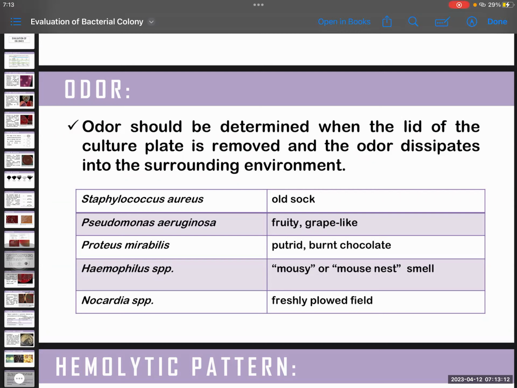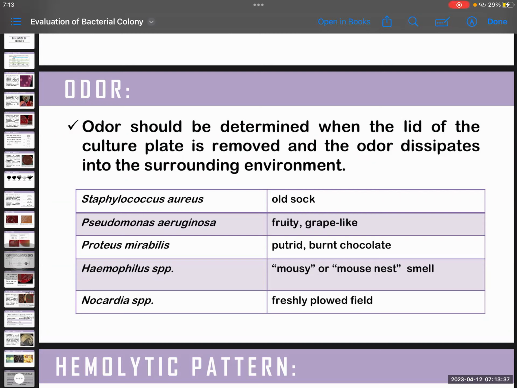But apparently, as per our microbiologist's observation and as our textbook says, odor can also come in different forms depending on the type of organism grown. But take note of the last safety precautions, okay? Odor should only be determined when the lid of the culture is removed and the odor dissipates into the surrounding environment.